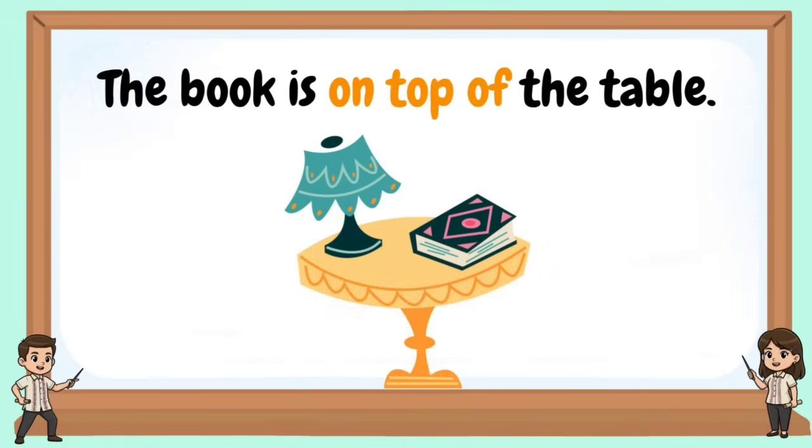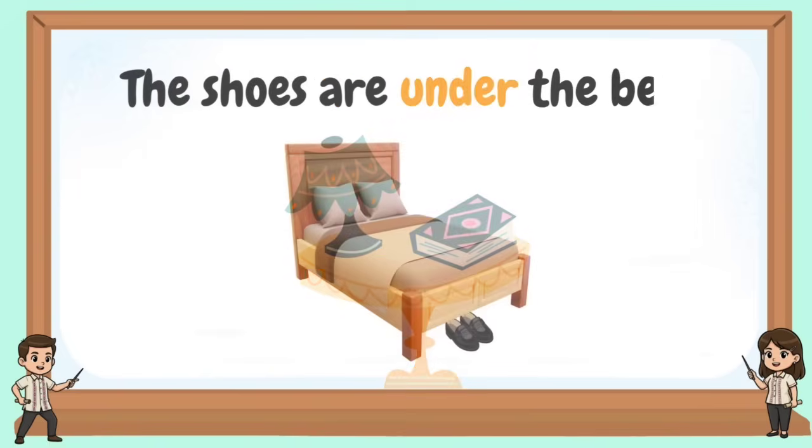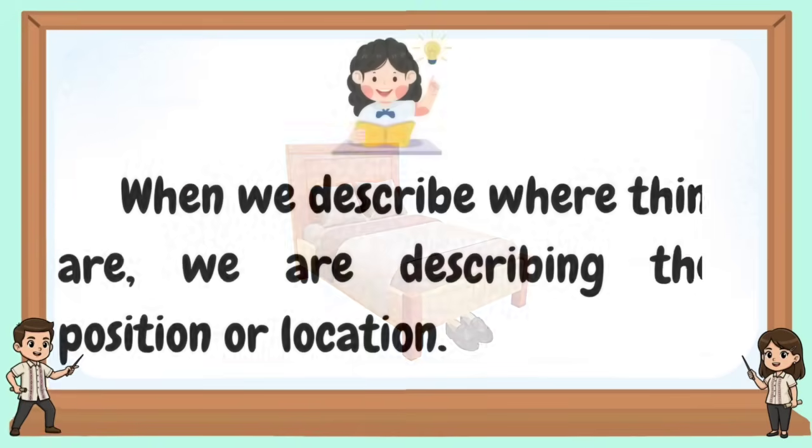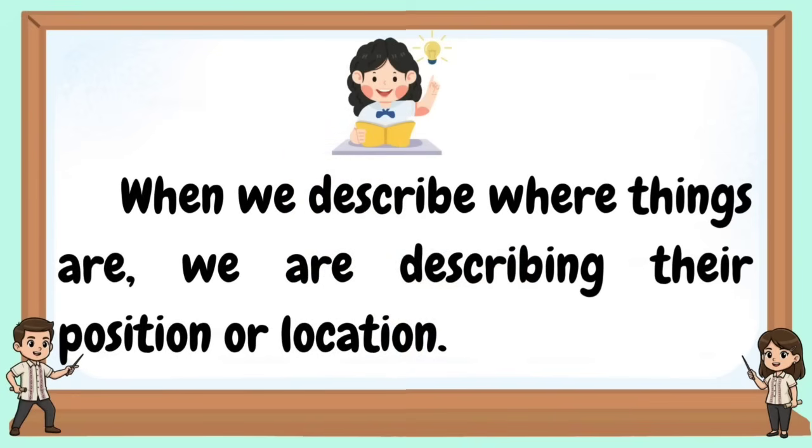The book is on top of the table. The shoes are under the bed. When we describe where things are, we are describing their position or location.